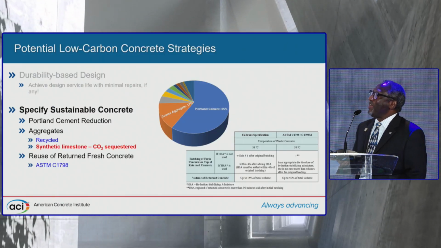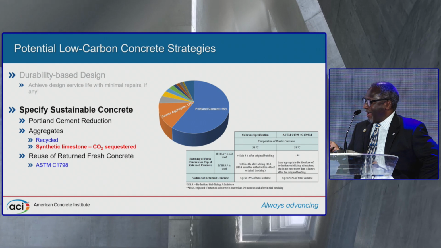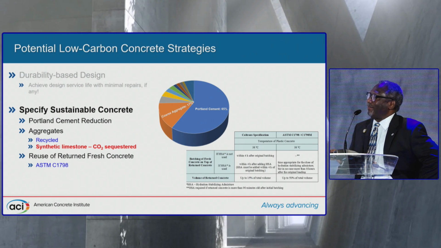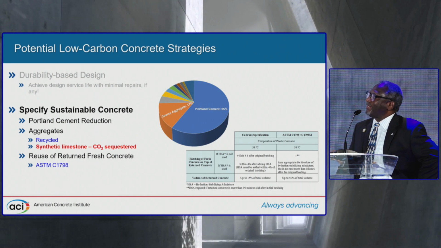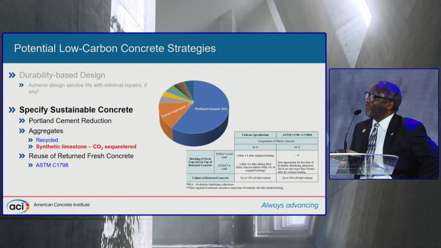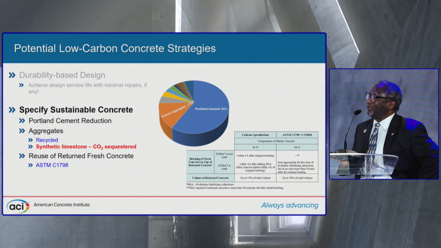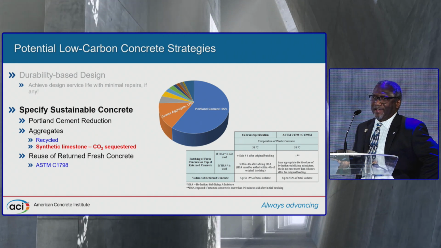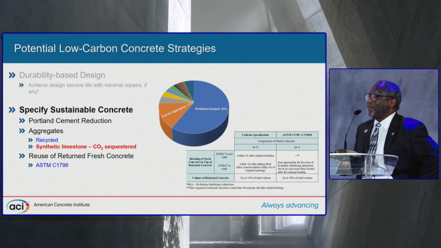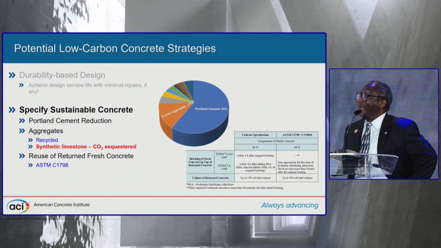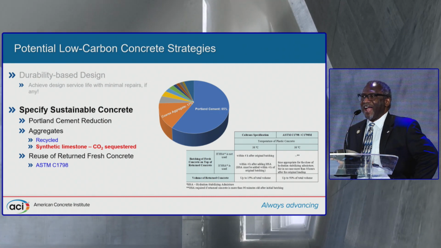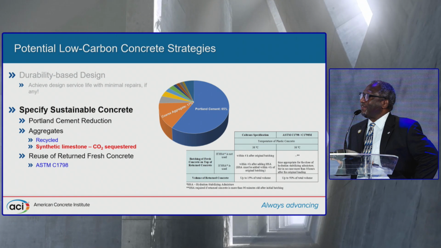Now, the next thing will be to specify sustainable concrete. So that means looking at Portland cement reduction, and aggregates, permitting the use of recycled aggregates where feasible. Right now in North America, there's a startup company that is manufacturing synthetic aggregates from sequestered CO2.